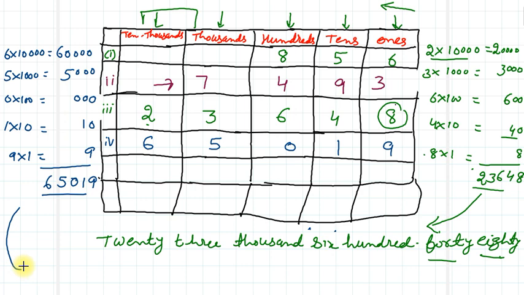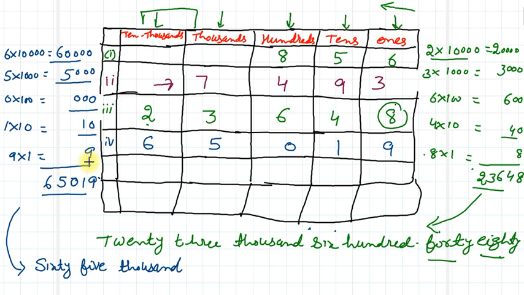60,000 and 5,000. 60 plus 5 is 65, so we will write it as 65,000. Right? Then 0 has no value, so we will move on to the next. This is 1 into 10, tens, and 9. 10 plus 9 has become 19.